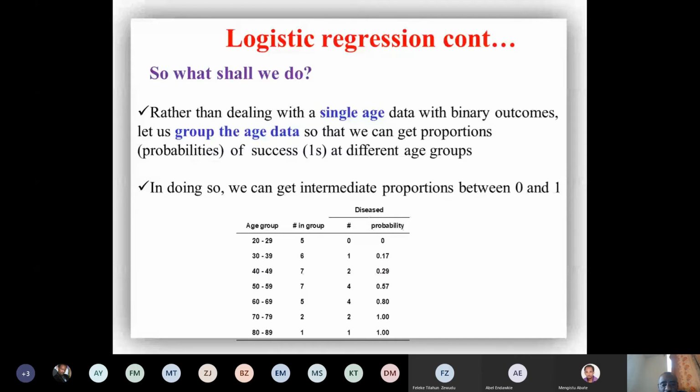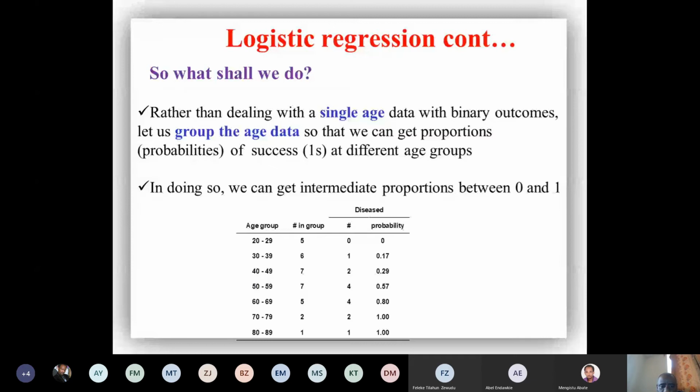So the probability of developing CHD in this group is 0 divided by 5, which is 0. In the second age group, 30 to 39, we have 6 individuals, and of these, 1 is positive. So the probability of developing CHD is 0.17, etc.